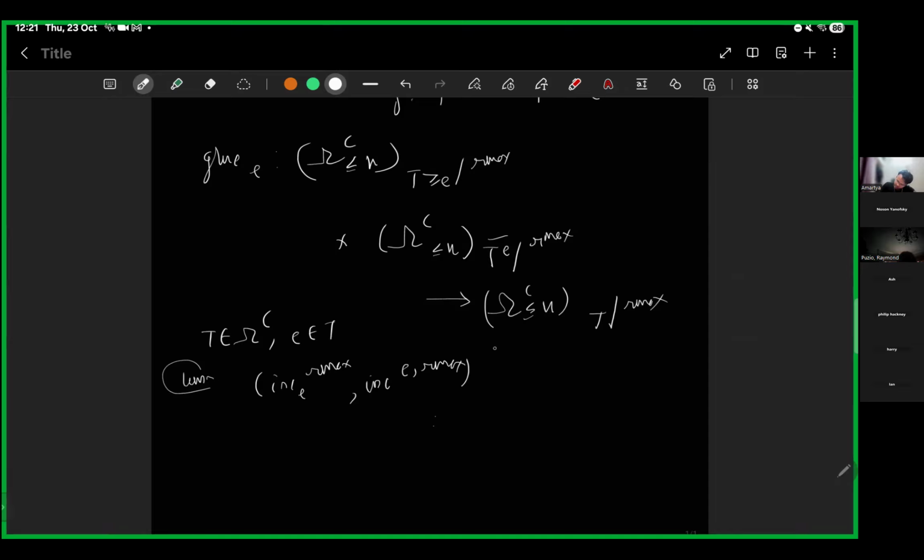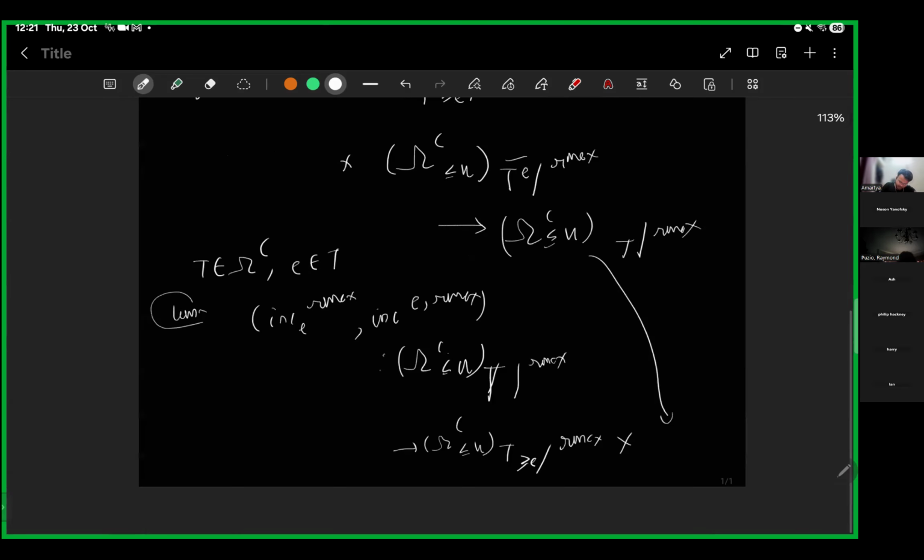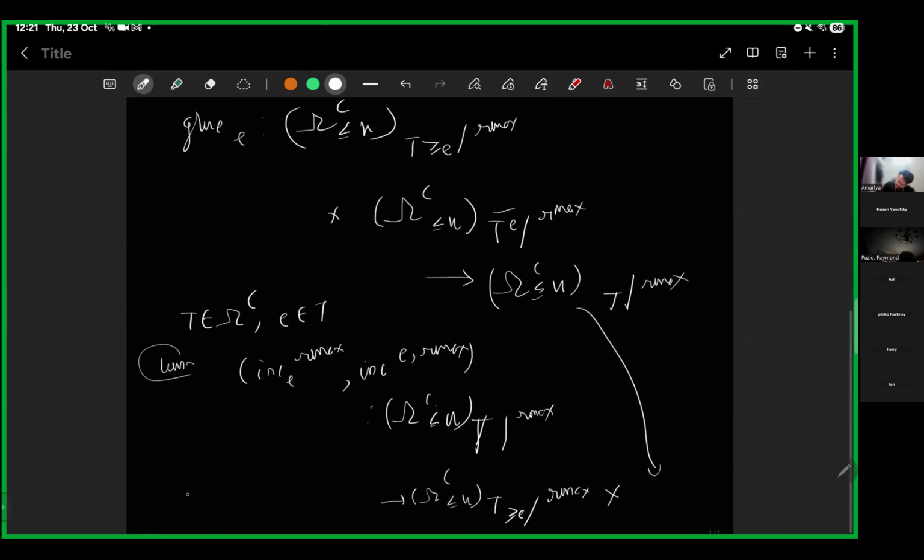This functor T R I greater than E R max times this is an equivalence, with inverse glue. This is what I want to say.